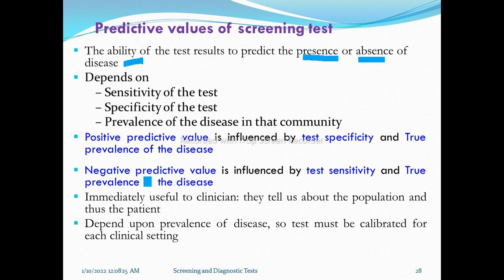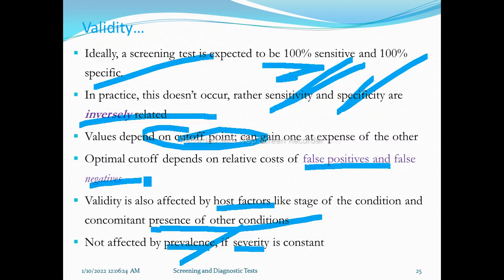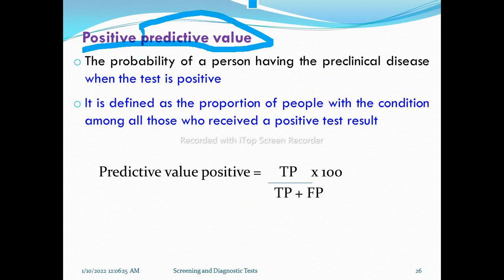Now, predictive value is divided into positive predictive value and negative predictive value. Positive predictive value is the probability of a person having preclinical disease when the test is positive. So it shows how accurate the test is.